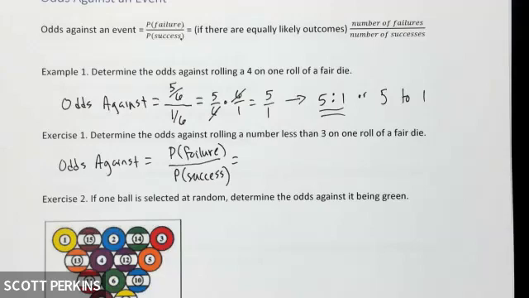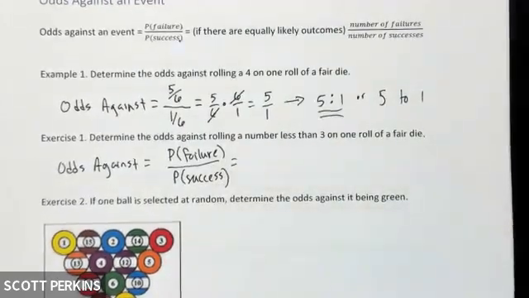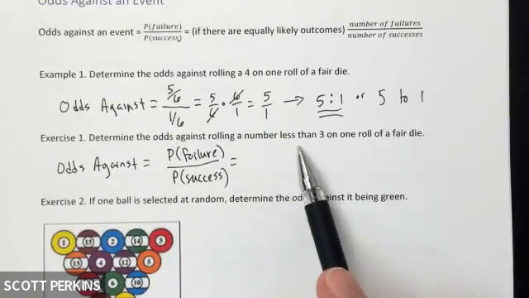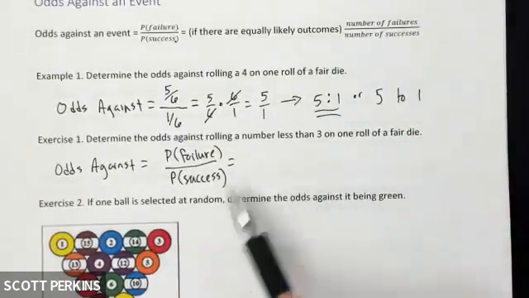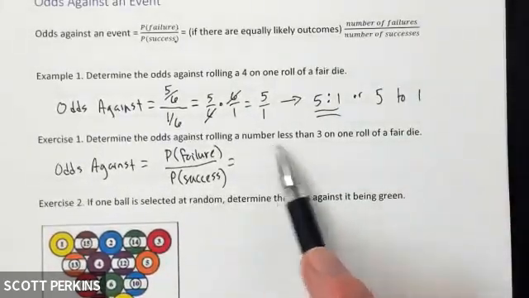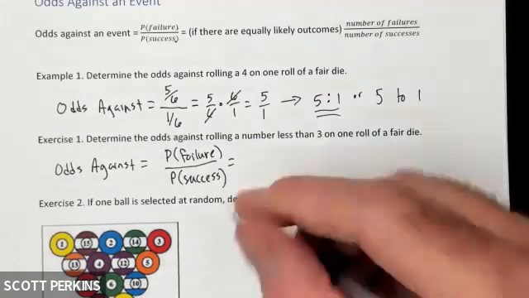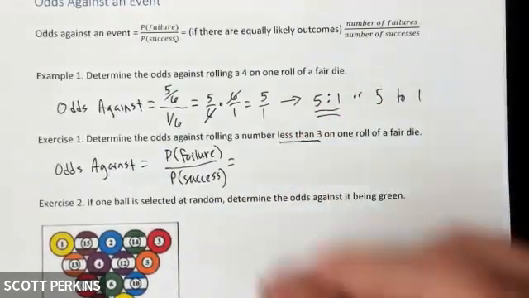All right, so the odds against. The probability of failure, probability of success. This time, I want to know what are the odds against rolling a number less than 3. If it helps you think about it, you might do the successes first. What's the probability I successfully get a number less than 3 when I roll my die? 2 out of 6.